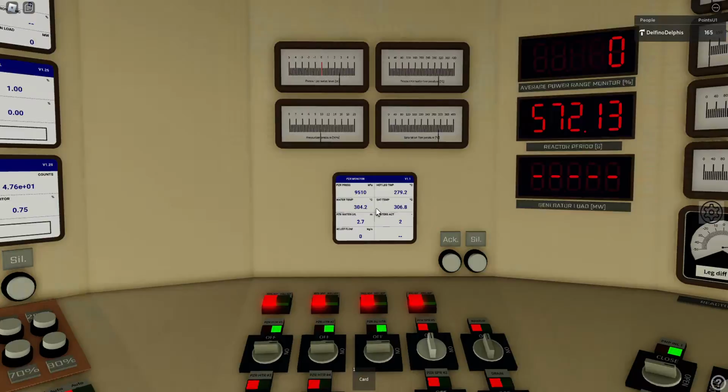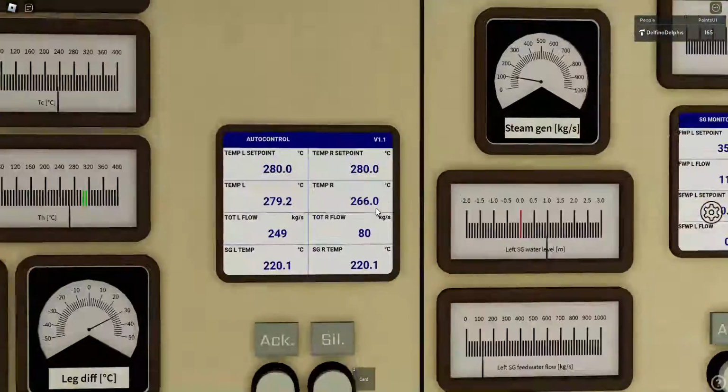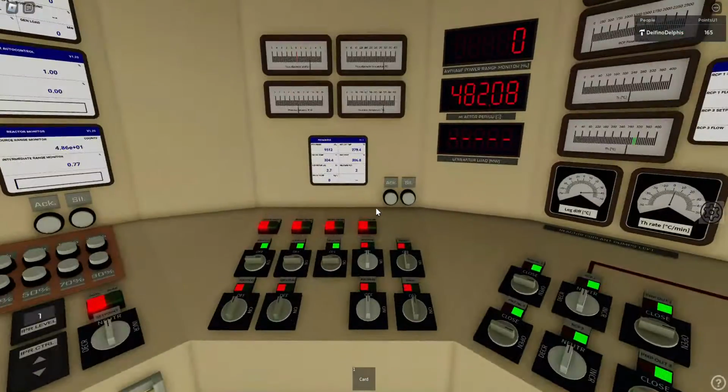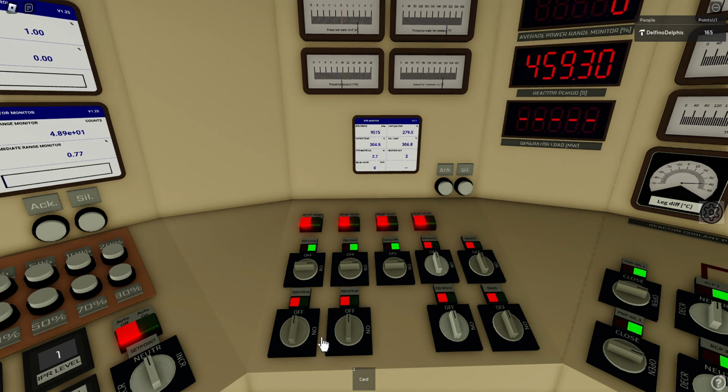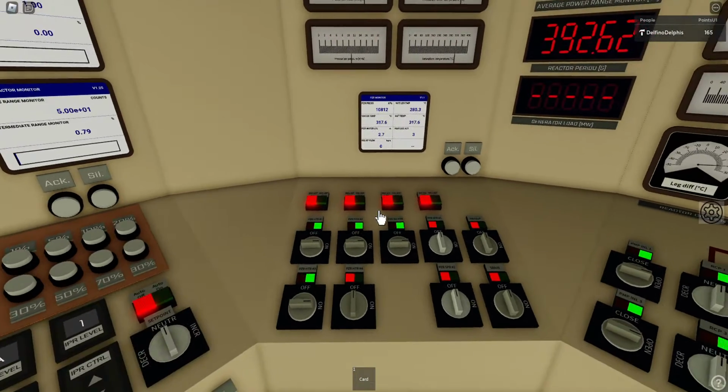Okay, this is the maximum we can get at this temperature set point, 280 degrees. We can add another heater. This will boil some more water and we should have more pressure here, though we don't need it yet.